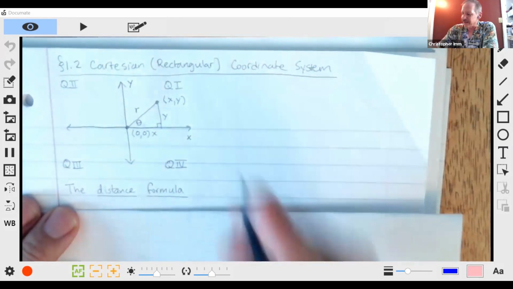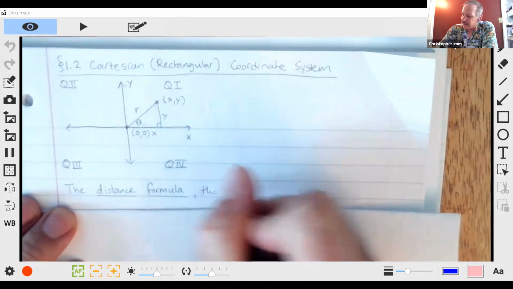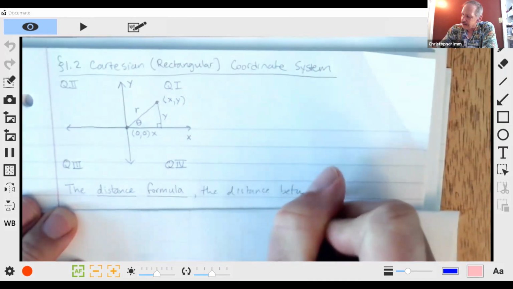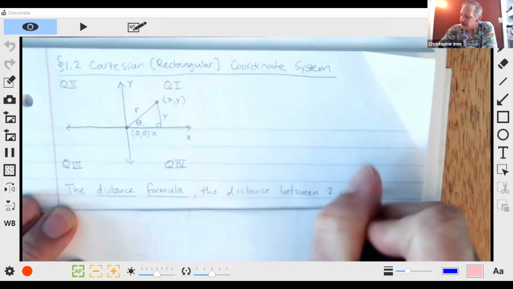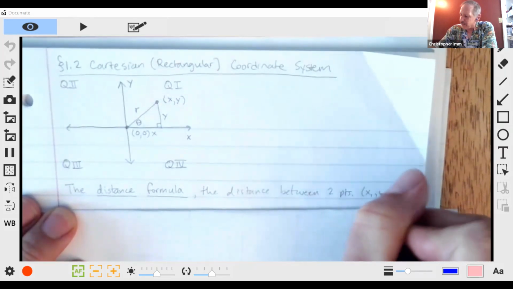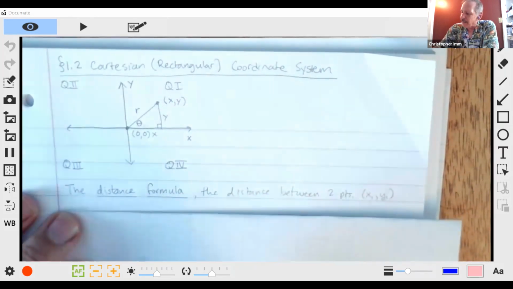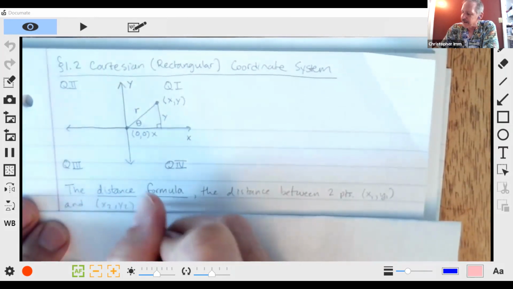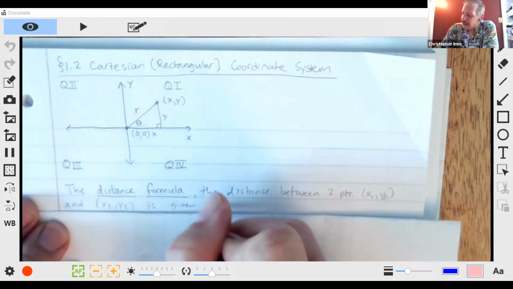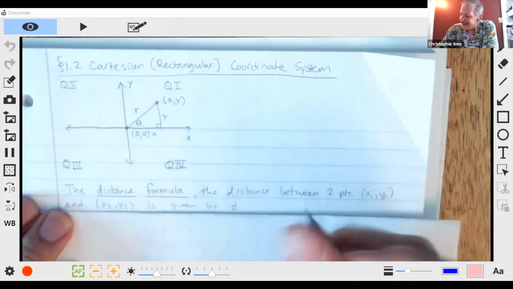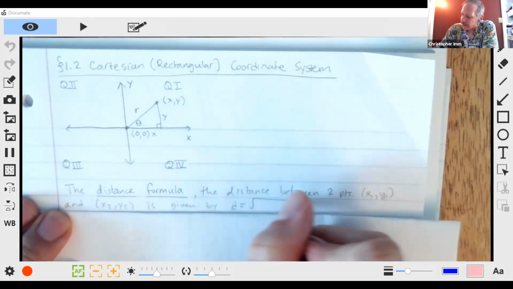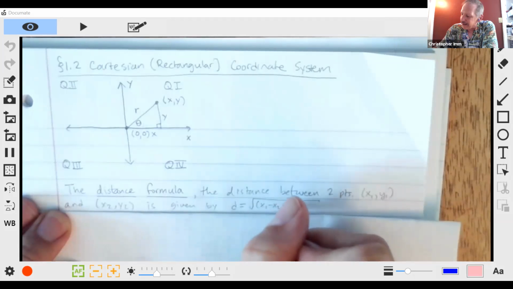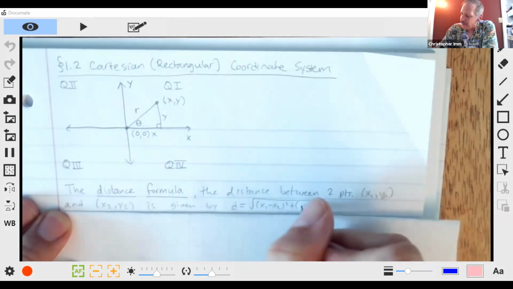The distance formula says that the distance between any 2 points, which we in general call x1, y1, the first point, and x2, y2, the second point, is given by d equal to the square root of the difference in the x's squared plus the difference in the y's squared.